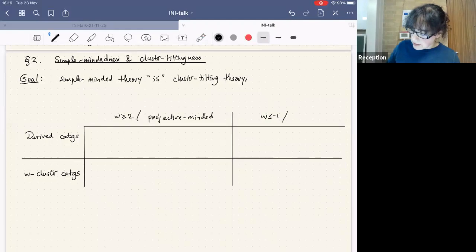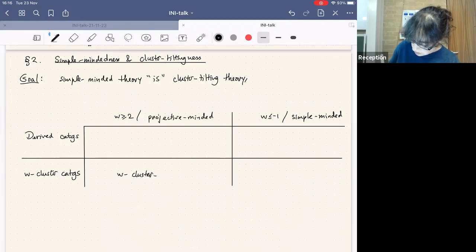So in the negative Calabi-Yau world, we're going to generalize the notion of simple-minded. So what are the objects that we study here? Here we study higher W-cluster tilting categories.